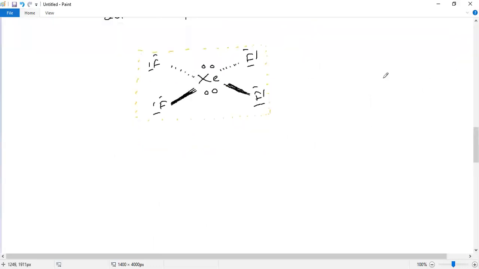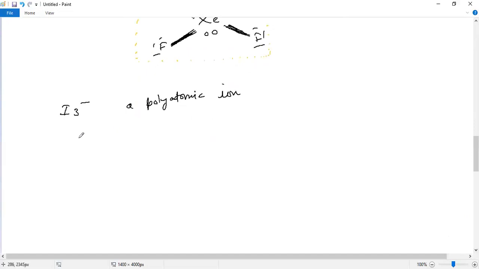Next example we can look at is I3 minus. It's a polyatomic ion. As I told you, we should write the Lewis structure first. Here the central atom is iodine and the terminal atoms are also iodine. Each iodine contains 7 valence electrons. Out of the 7, 2 are occupied here.